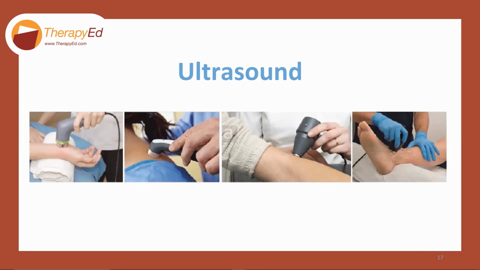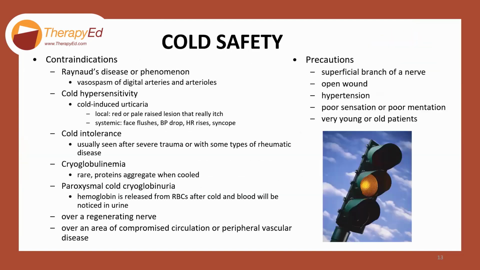Yeah, I had a question. Are you able to hear me? Yep, I can. What is the name of the diagnosis when you have blood in urine when it's cold specifically? Yeah, so that is going to be the paroxysmal cold cryoglobulinemia. Thanks. Yeah, great question.